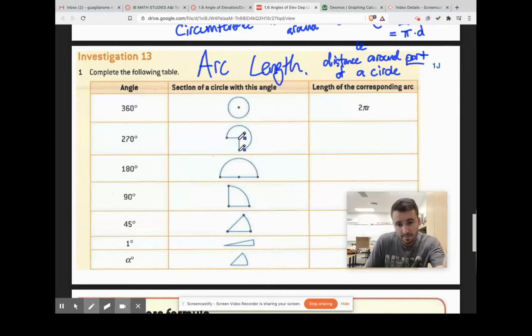But think about it in terms of degrees. You went 90, 180, 270. 270 out of what, though? What's the total amount? It's 360. So you take the 2 pi r, which is the whole thing, and you multiply it by how much you actually did, because we didn't complete the whole thing, just part of it. You could say 3/4, and you'd be right.